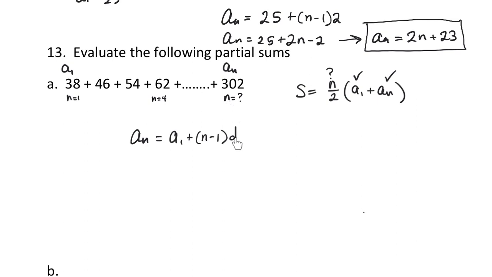If we plug in an 8 for d and our first term as 38. So 302 as our a sub n term. First term is 38. We don't know the n value for that, but we know the common difference is 8.